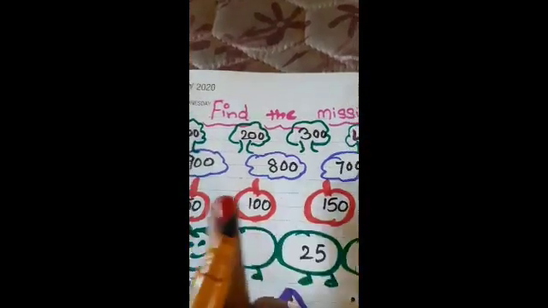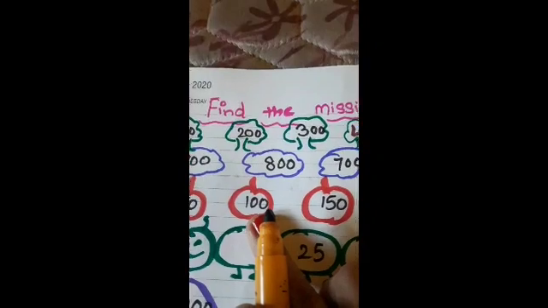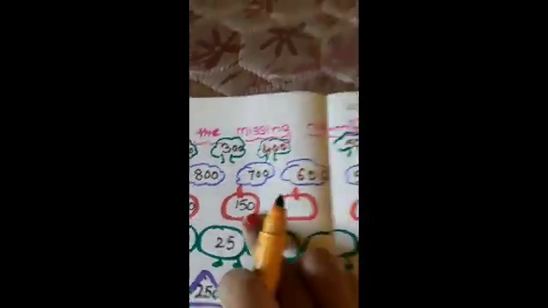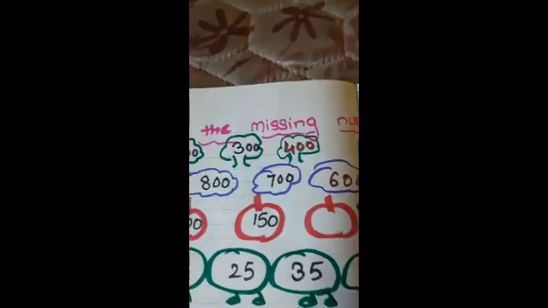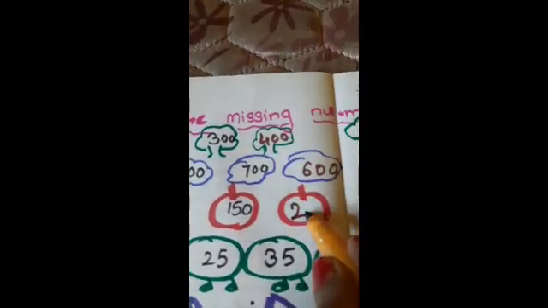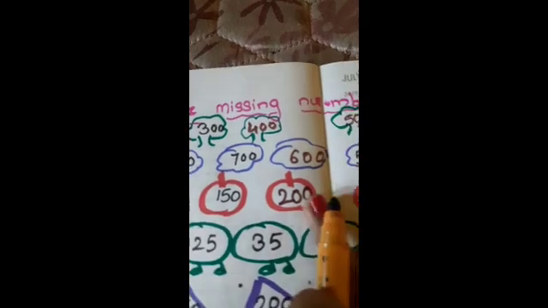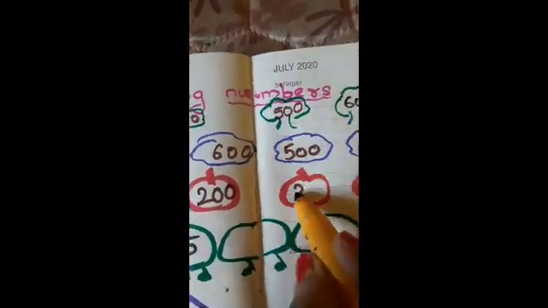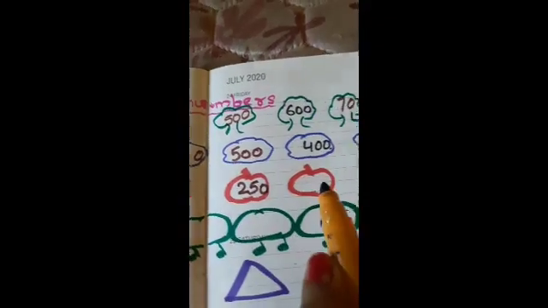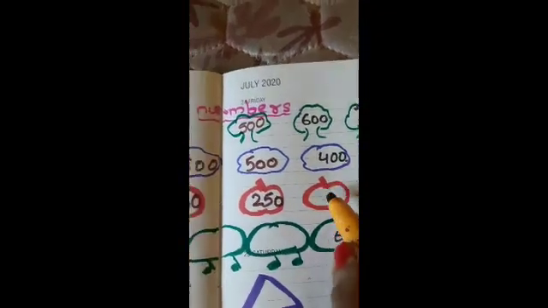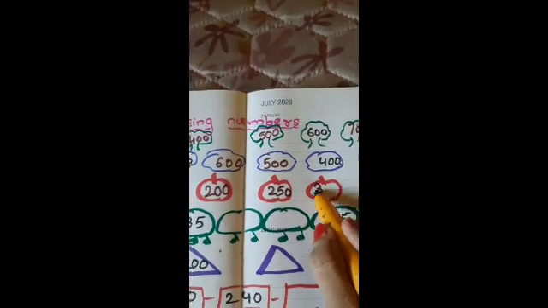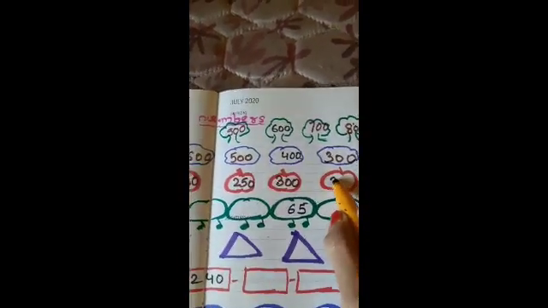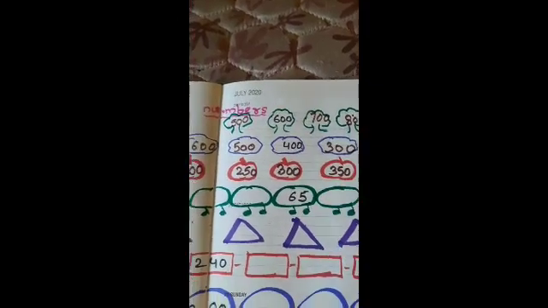So 50 steps forward if we jump, we'll get 150. 50 steps forward, we'll get 200. 50 steps forward, we'll get 250. 50 steps forward, we'll get 300. And 50 steps forward, we'll get 350.